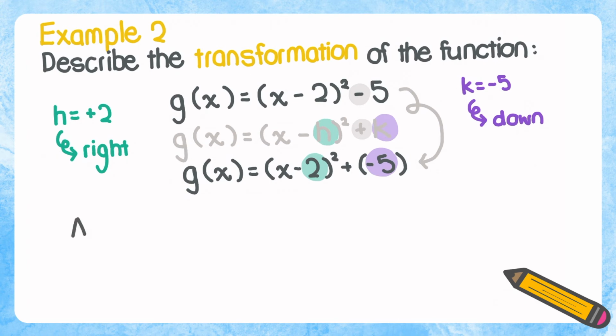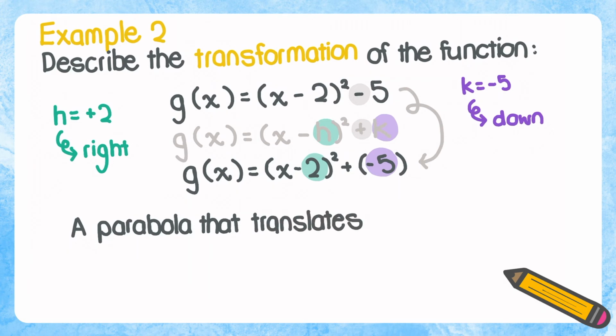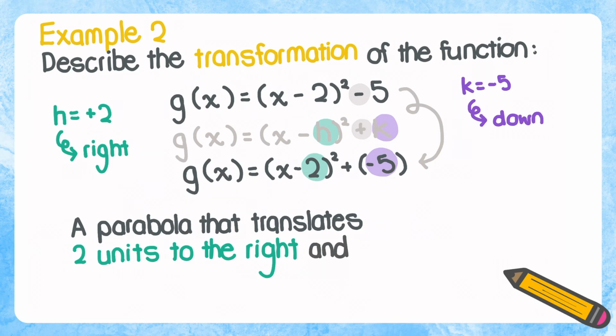We have a parabola that translates into 2 directions. Two units to the right because h is positive, and also 5 units down because k is negative.